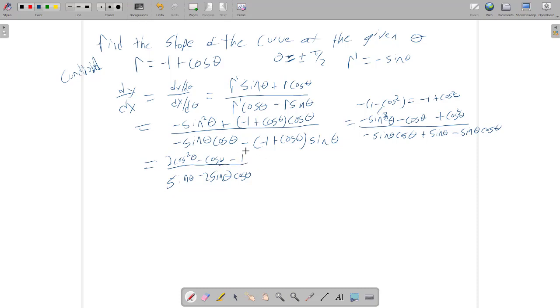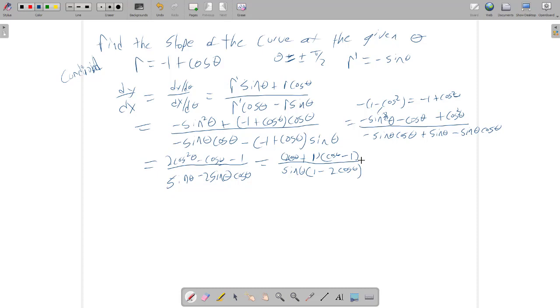In any case, I suppose I better just go ahead and plug in at this point. I can factor the top and bottom, but I don't necessarily know we're going to get very far with it. Let's see, 2 cosine theta plus 1, cosine theta minus 1. And on the bottom, you got sine theta times 1 minus 2 cosine theta.